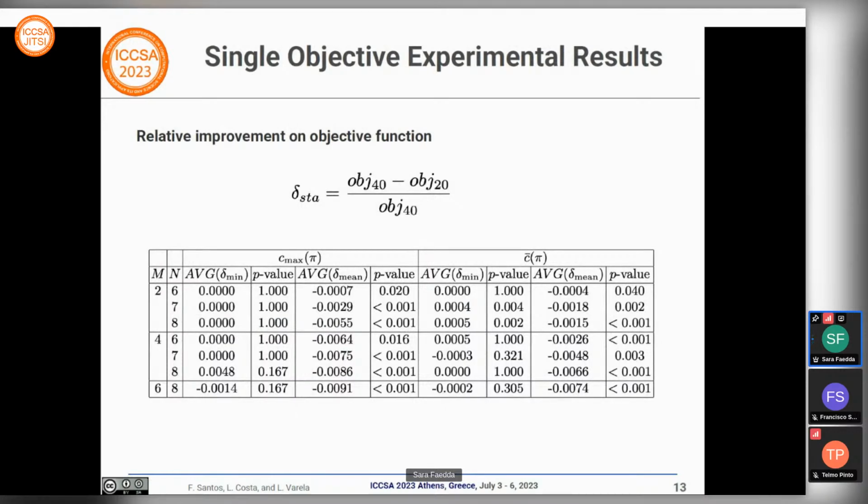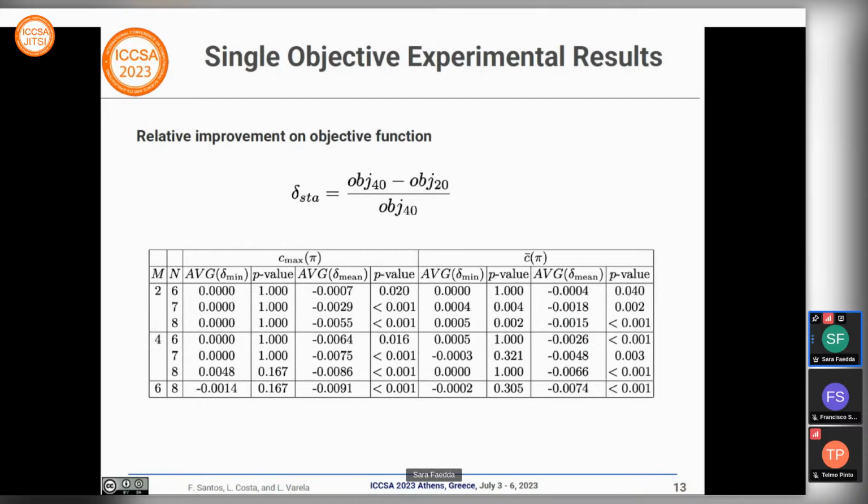In order to assess the relative improvement in the objective function when we use a larger population, we define this measure, delta, that can be computed for any statistic. In this table, we indicate this metric computed for the best solution, denoted here by delta best, and for the average solution, delta mean.